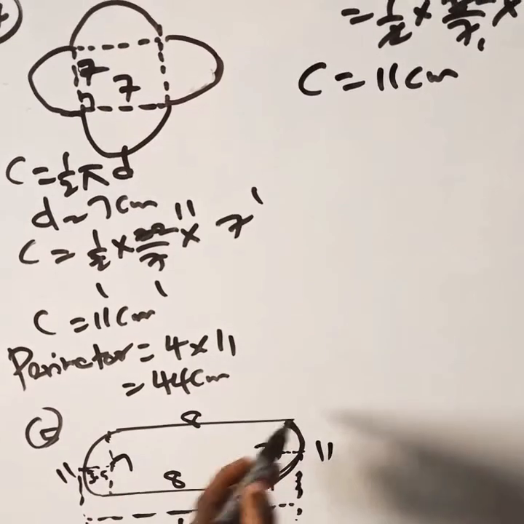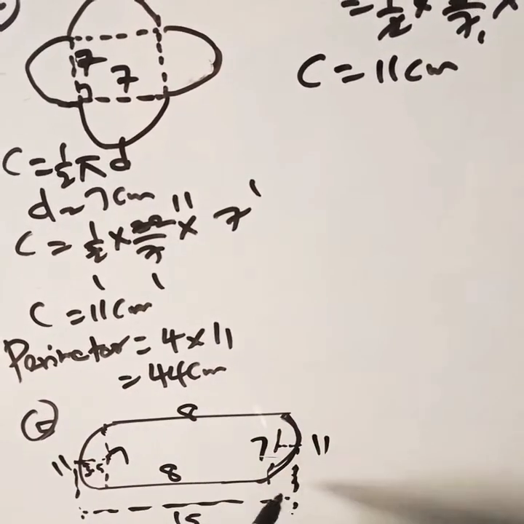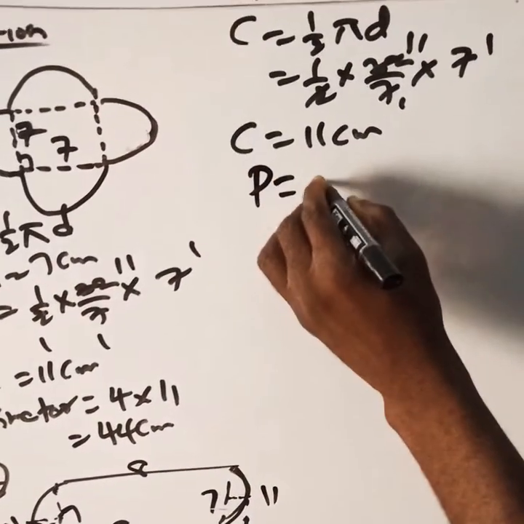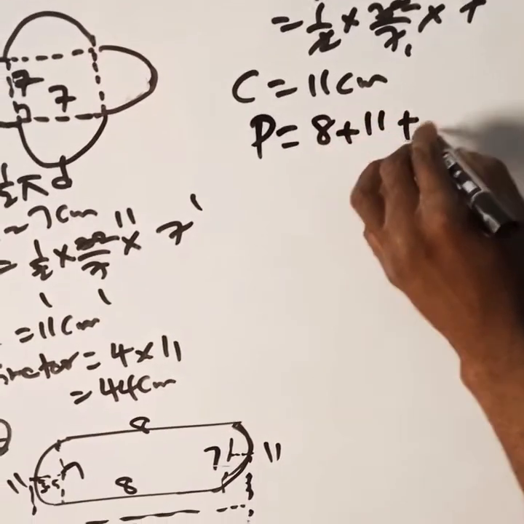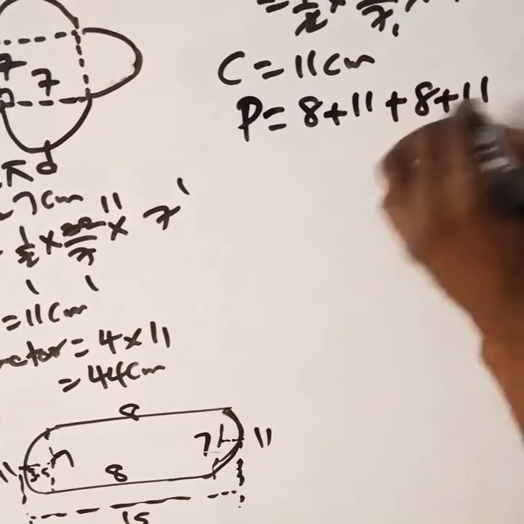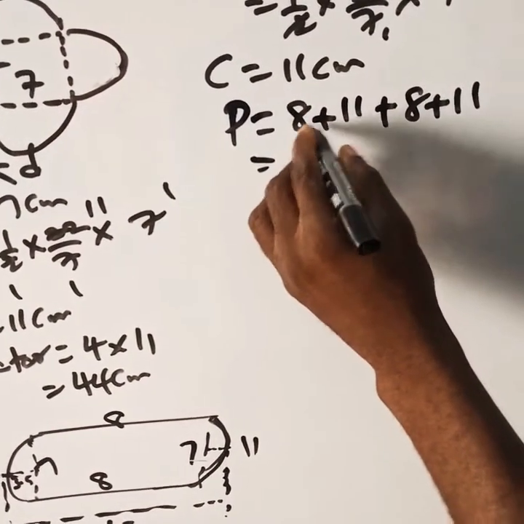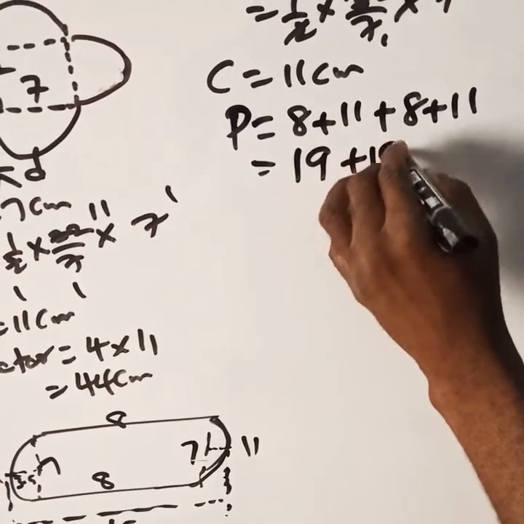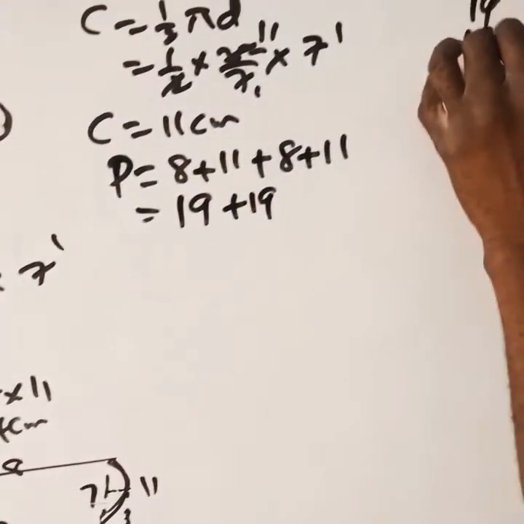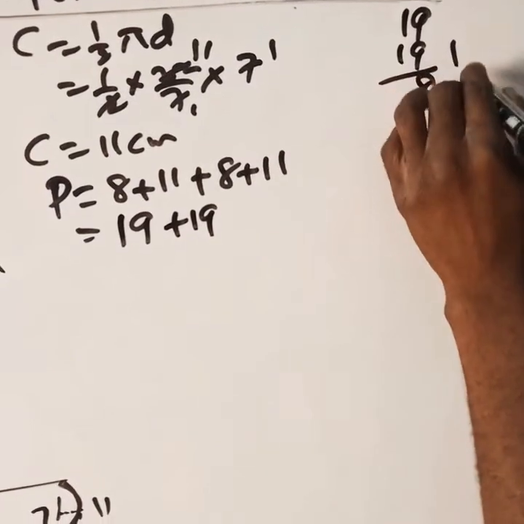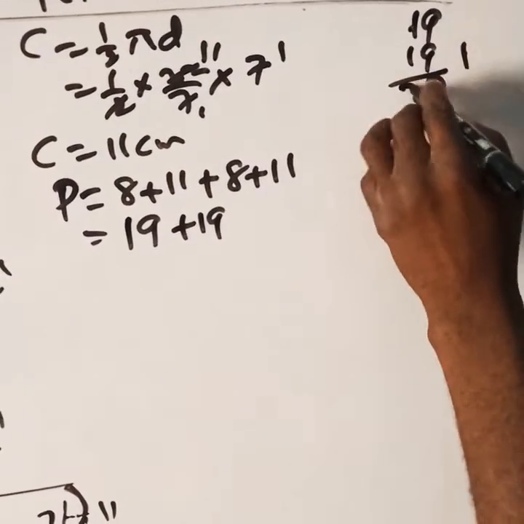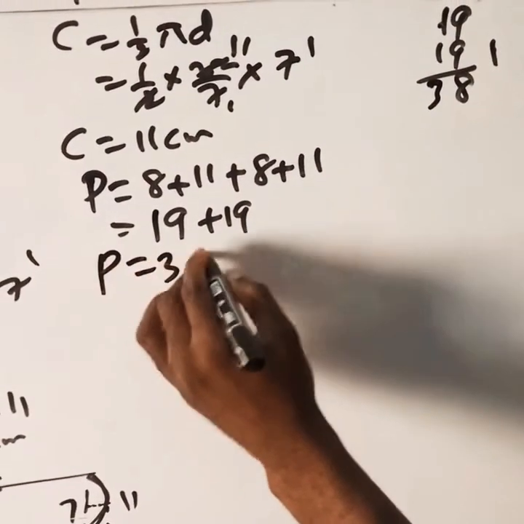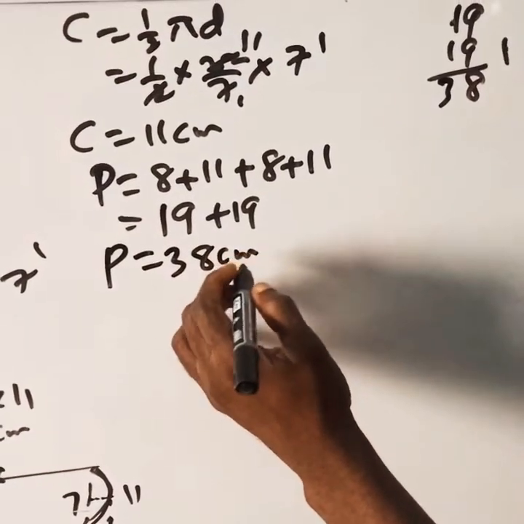So the perimeter of the shape will be 8 plus 11 plus 8 plus 11. 8 plus 11 is 19, and 19 plus 19 is 38. So the perimeter is 38 centimeters.